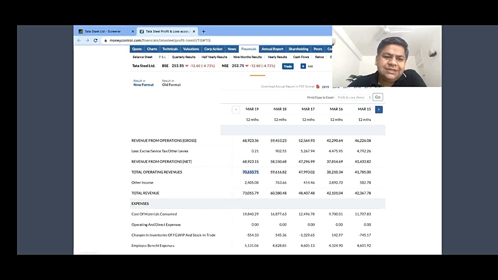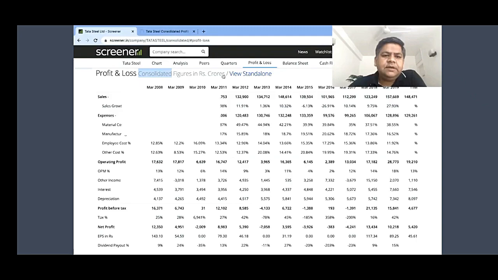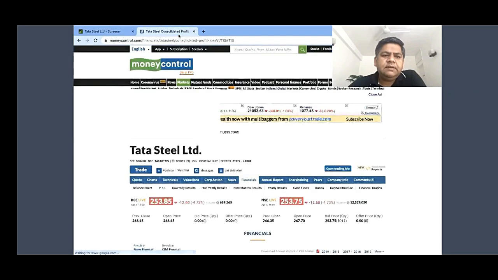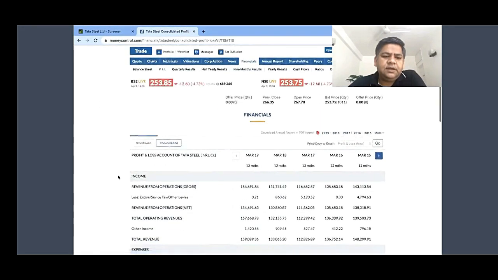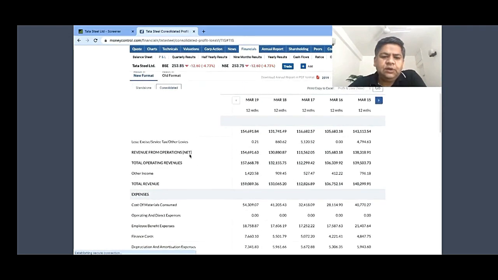So this is showing standalone. I'll turn this to consolidated, and then we will see. I placed consolidated, and now I'll go and check the total operating revenue.